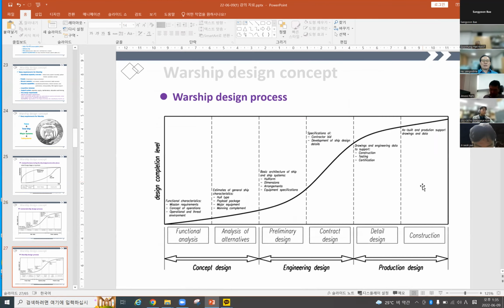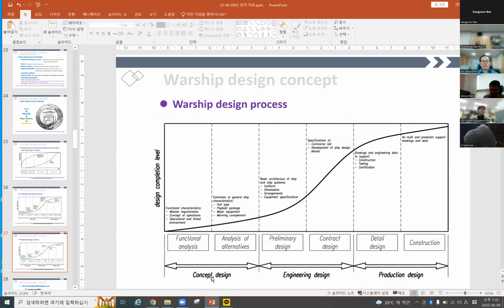Comparing the warship design process, there are concept design, engineering design, and production design, functional analysis, and analysis of alternatives. Details are in the many design completion, mission, and levels. So you can see the many details in the pictures.